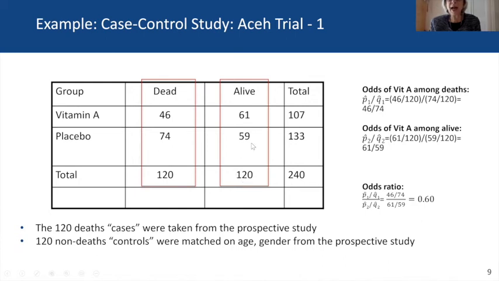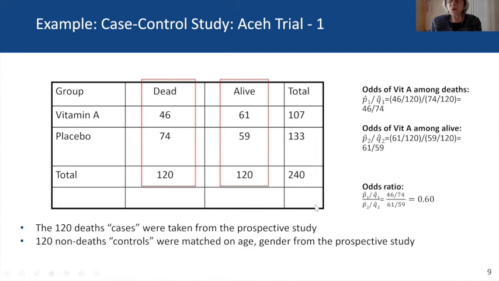And we looked back, out of those 120 who were matched on age and gender, to see if they had received vitamin A, and 61 had, and 59 had received placebo. So now let's consider this as a case control study where we have dead and alive, and we looked back to see whether they received vitamin A or placebo.